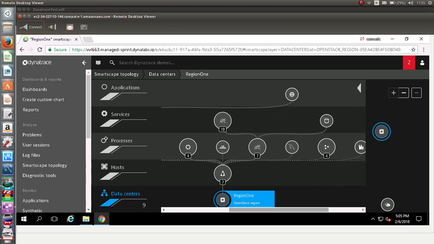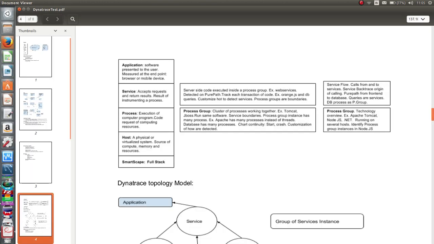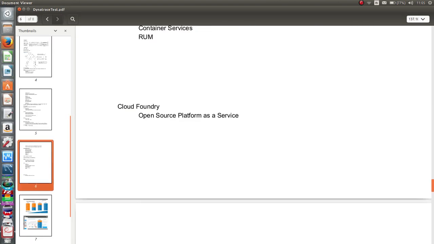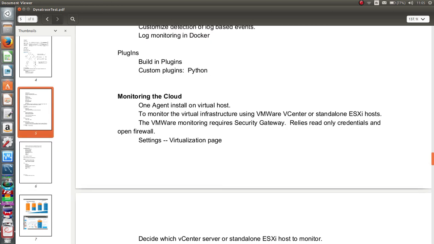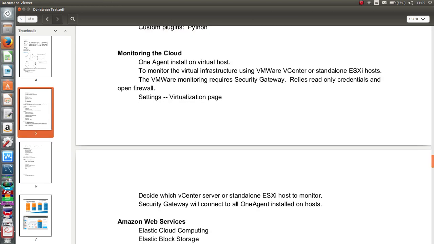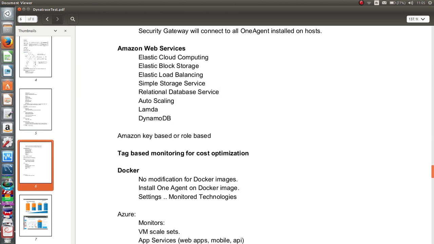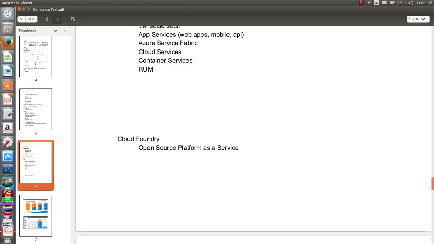These data centers could be a local host, or could be a topology installed on the cloud, such as Amazon Web Services, Docker, Azure, or Cloud Foundry.